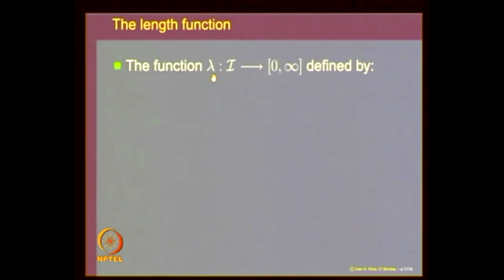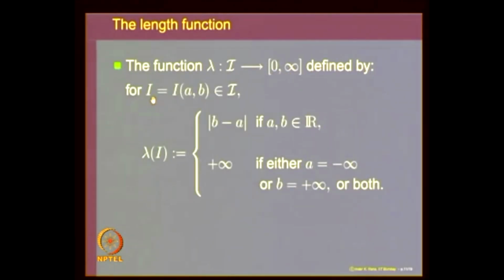It is a set function lambda defined on I, taking values in [0, ∞], and is defined as follows. Take any interval I with left endpoint a and right endpoint b. We define lambda of I as the absolute value of b minus a if a and b are both real numbers.